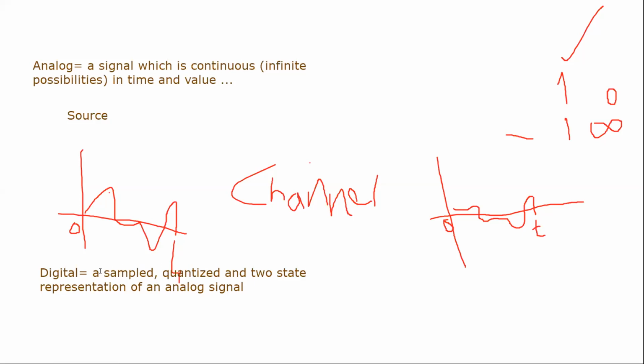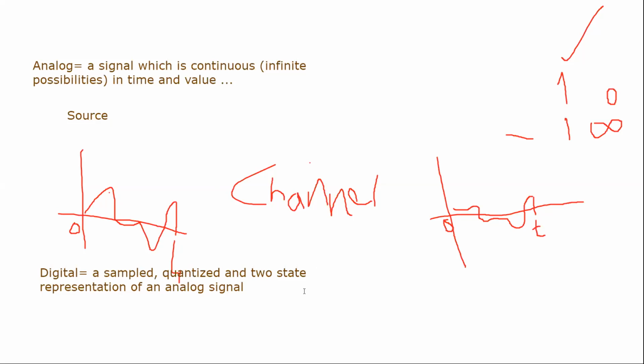That process is called sampling. Once you sample a particular signal, you are going to change again the infinite nature of the signal in value to discrete entities. That process is called quantization. Then you don't stop at that level of discrete quantization, but now you are going to change that into two-state.